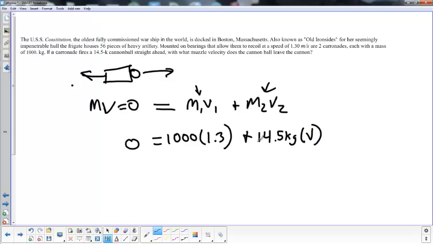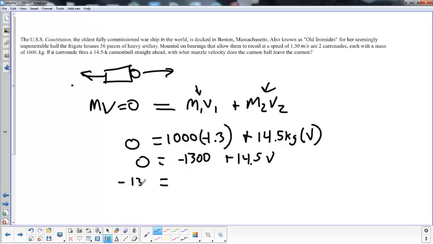So how fast does that thing go? 1,000 times 1.3, last time I checked, is 1,300, plus 14.5 V. And that's going to be equal to 0. And how do we get rid of this? Well, we subtract it from both sides. So negative 13. Oh, wait. If this goes backwards, that should be negative.